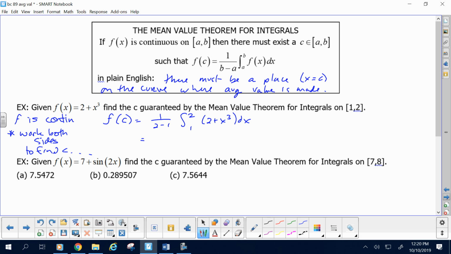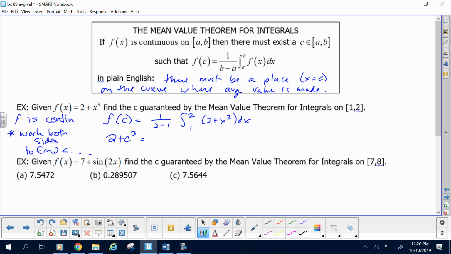All right, now, I can work the right side to find the average value, and I will. But I'm also going to eventually say, all right, there is some point on the curve c, so there's some 2 plus c cubed that equals that y value. So I actually need to consider when the function equals that y value, so that's why I mean work both sides.